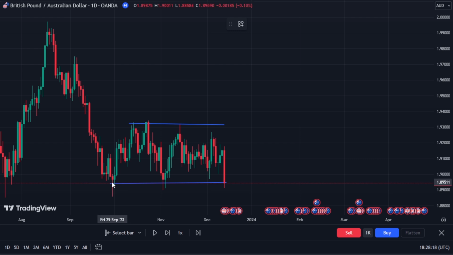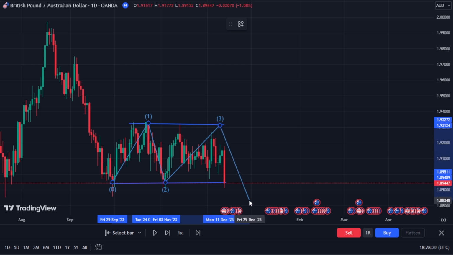As price keeps bouncing in between support and resistance, you can't actually tell if price is going to head downward to this place, or if price is still going to form another support here and head up this way.